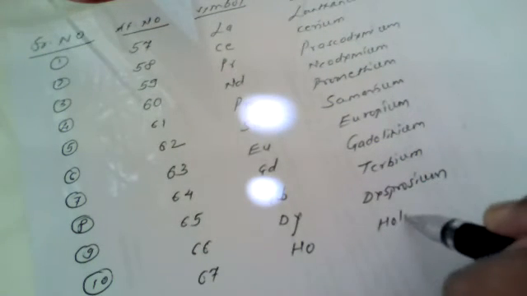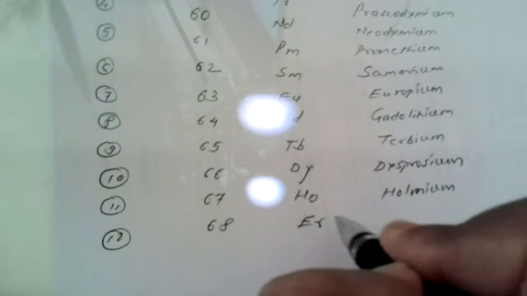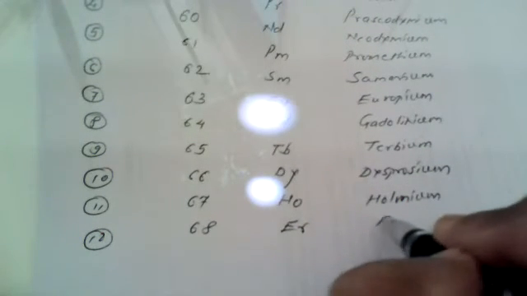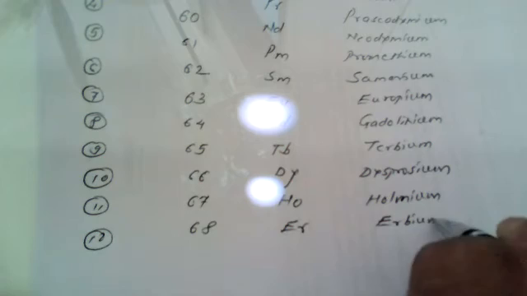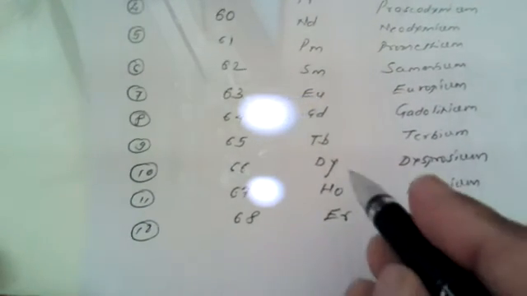Name of the element is holmium. Then the 12th member, atomic number 68. Symbol is Er. Name of the element is erbium.